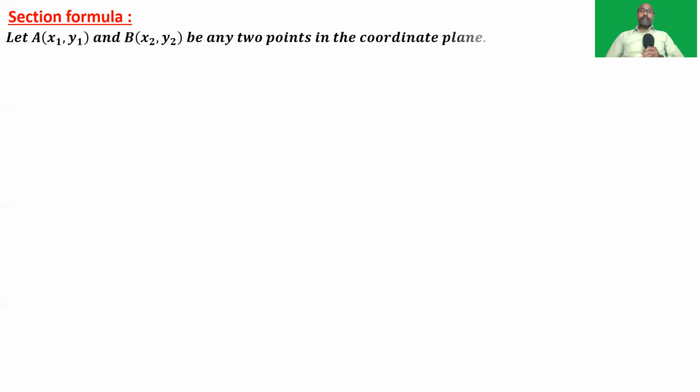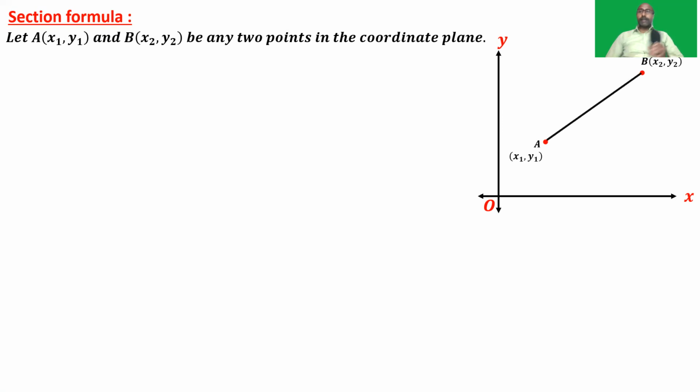Let A(x1, y1) and B(x2, y2) be any two points in the coordinate plane. This is the coordinate plane, A and B are two points in this plane, and AB is a line segment. Let P(x, y) divide this line segment in the ratio m:n.